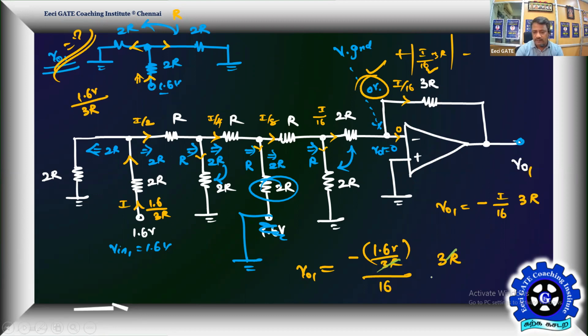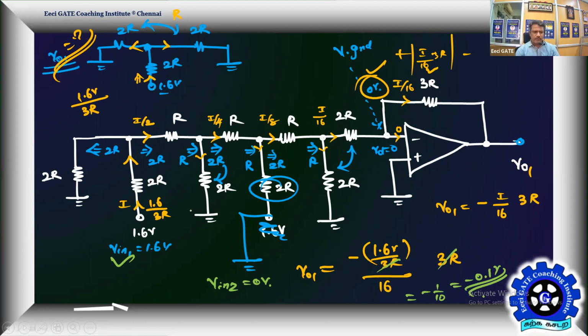Then 3R will get cancelled. You will end up with minus 1.6 by 16. So it's minus 1 by 10. The result is going to be minus 0.1 volt. So that's the response when you activate only V in 1, where V in 2 is made 0. Remember, we are going by superposition.